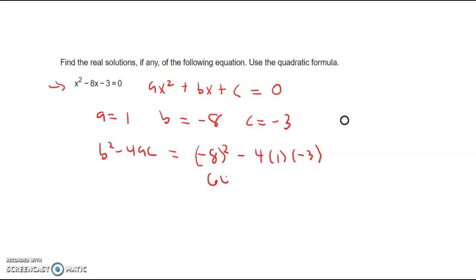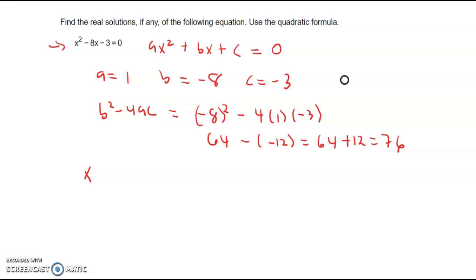So we have 64 minus -12, which is 64 plus 12, which is 76. Since this discriminant is greater than or equal to 0, that means this quadratic equation will have some real solution.